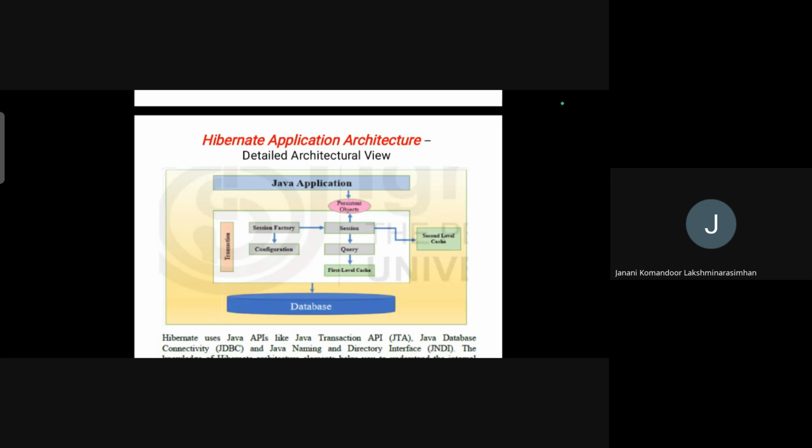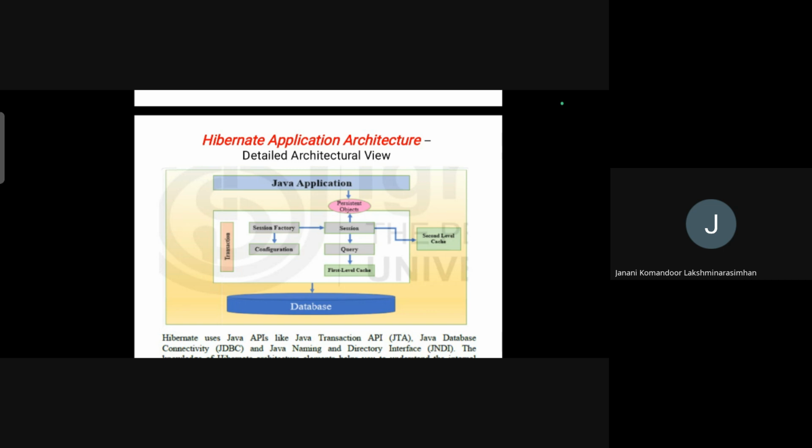The query object is stored into the first level cache because it is derived from the session object. The scope of the first level cache belongs to the session object. So the query object is stored into the first level cache. All other objects that have been derived from the session factory are stored into the second level cache.